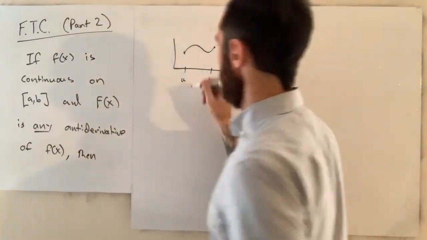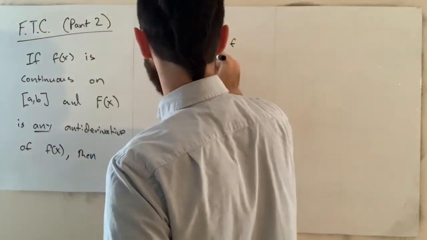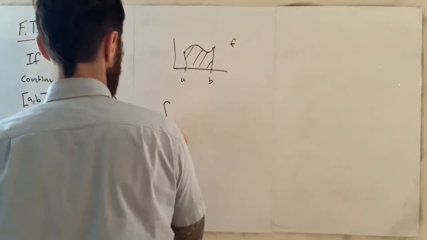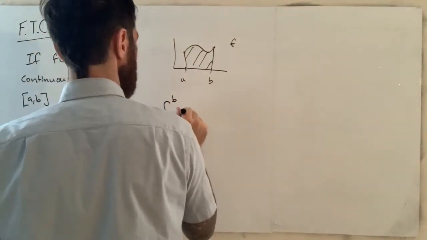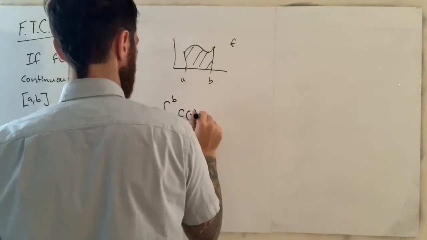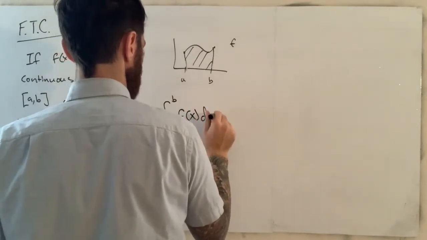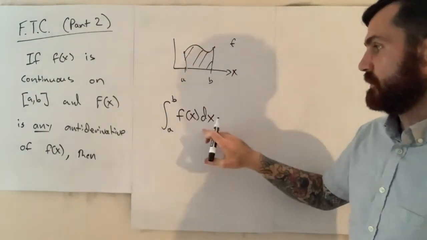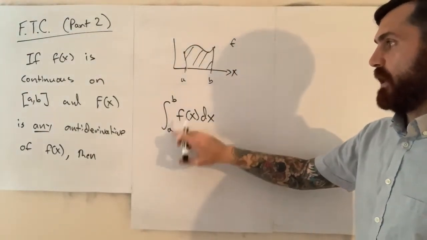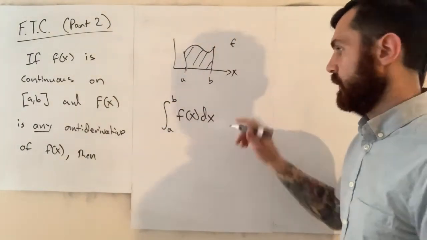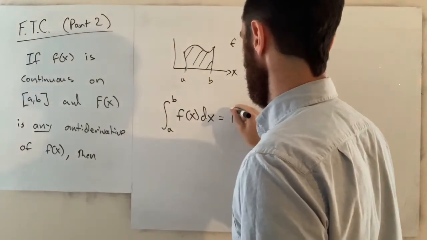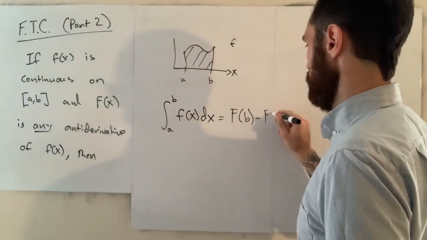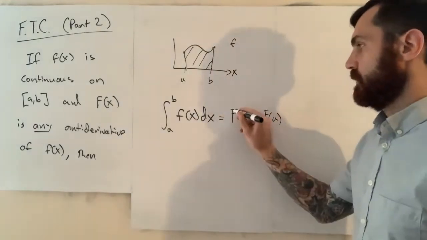Then what you're going to get is, if I want to compute this area here, that's going to be the integral of f of x with respect to x from a to b, and this is just going to be equal to big F of b minus big F of a.